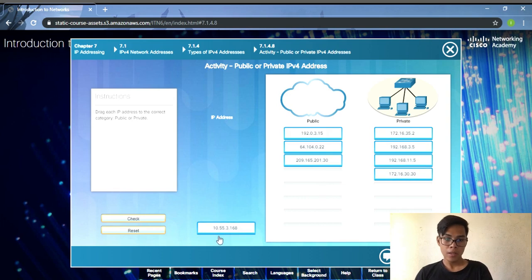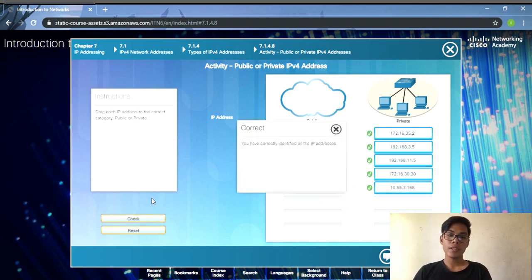And lastly, 10.55.3.168 is a private network. So let's check. It says correct. You have correctly identified all the IP addresses, so we have answered that activity correctly.